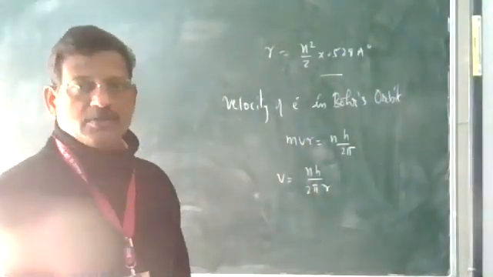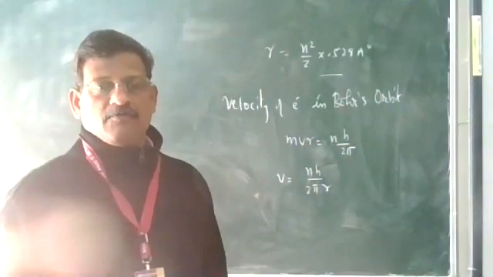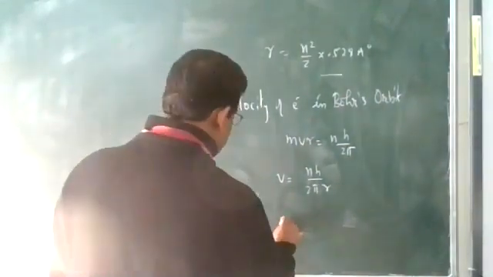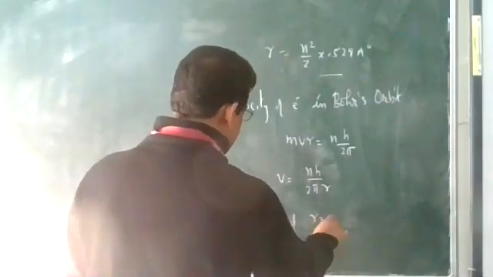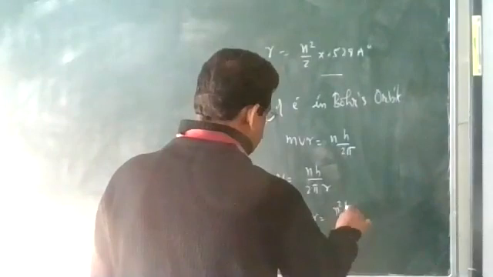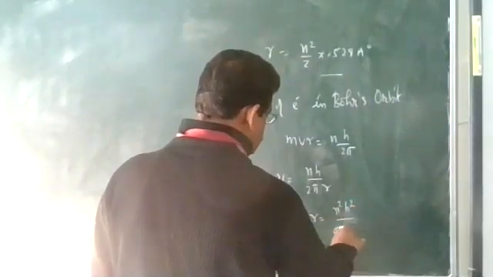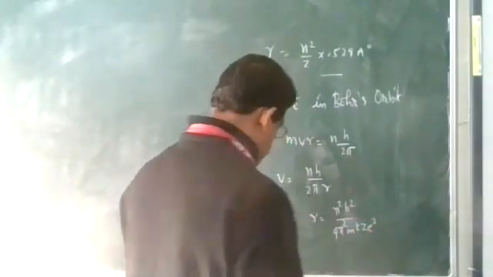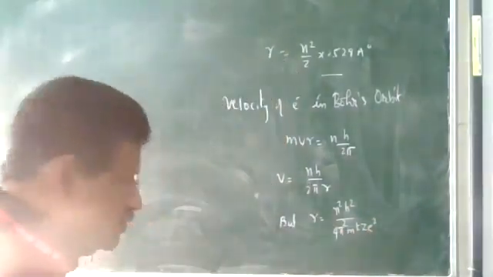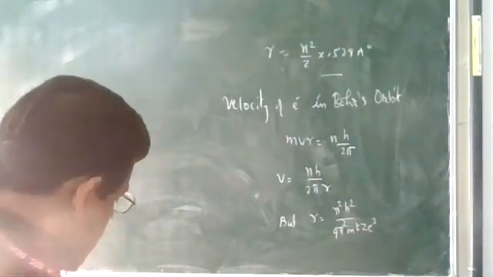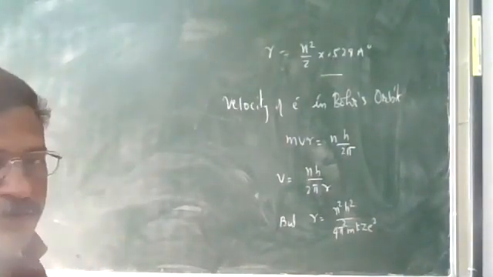You have to substitute the value of r from the previous general equation. Please remember, the value of r is n square h square divided by 4 pi square k m Z e square. This value you have to substitute.